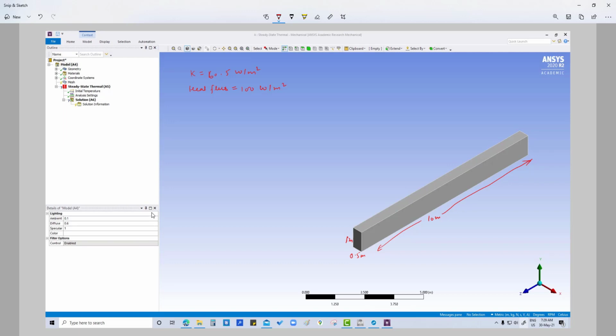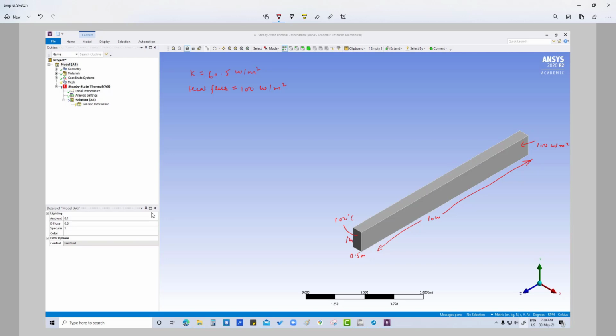So at one end we are going to apply heat flux here, and we have temperature at the end of bar 100 degrees centigrade. So here we are going to apply 100 degrees centigrade temperature. So this data has been given to us.